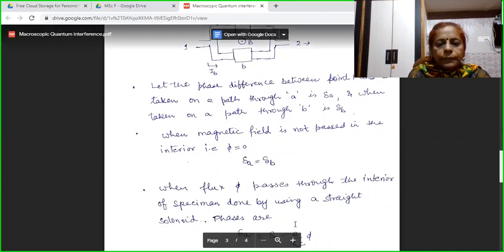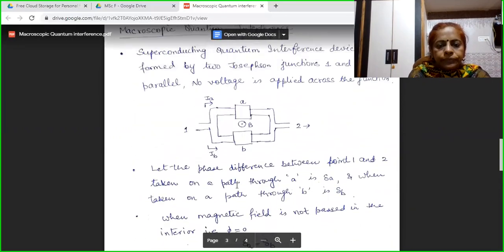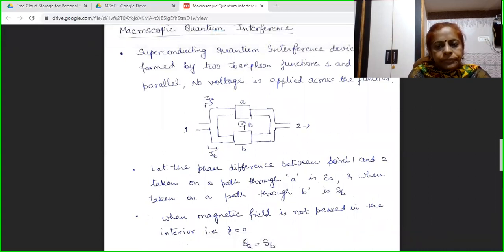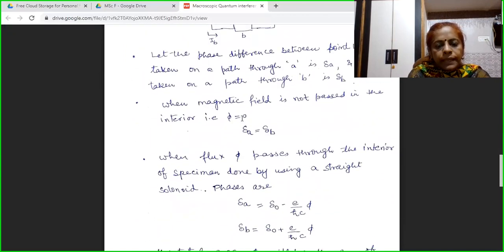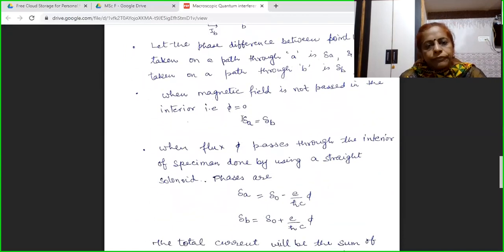Now I am applying a magnetic field in the interior of the specimen. That means in this interior. So by applying a magnetic field, a flux will be generated. This magnetic field, or we can say this flux, can be generated by using a straight solenoid.